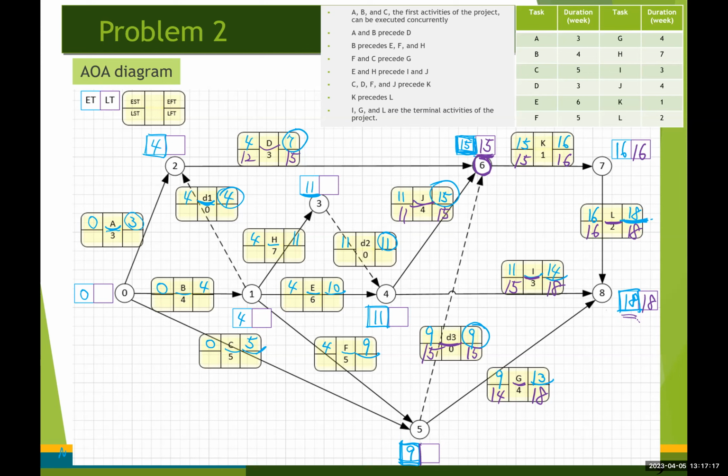Now we are ready to determine the latest time for event number 5. This time we are going to choose the smaller value between these two, right? So 14 goes in there. And then 14 minus 5, 9, right?